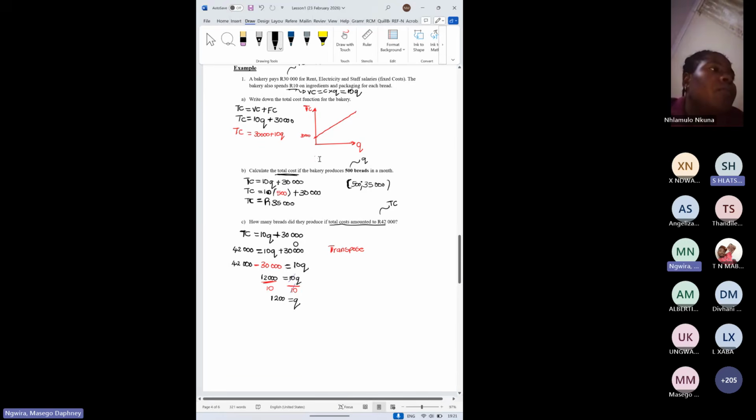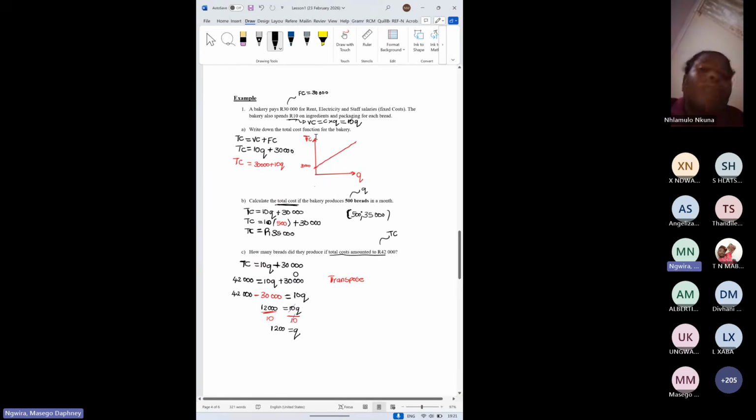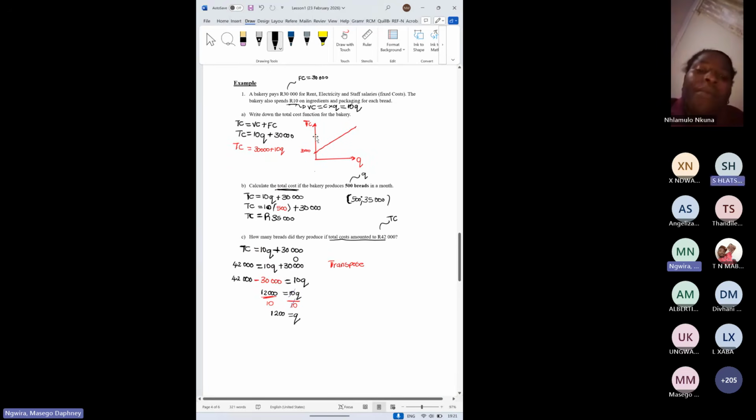If you remember, we said that this value changes. If Q is 1, my total cost is going to be something else. If it's 2, my total cost is going to be something else. So when Q changes, it affects your total cost.